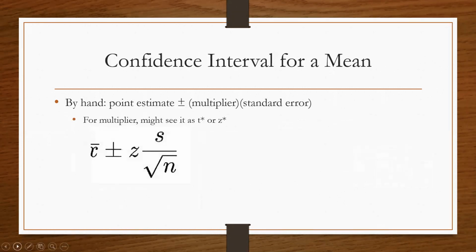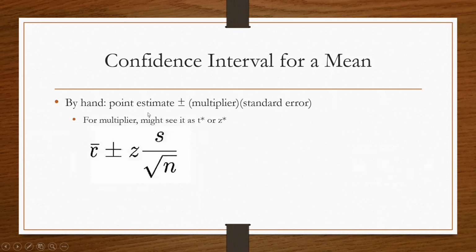So when it's coming to confidence intervals for a mean, you guys are probably going to see a lot of the same stuff just repeated. It's like mean, proportion, different by very little amounts. When you're calculating it by hand, it's going to be the point estimate, which we've seen before, plus or minus the multiplier times the standard error.